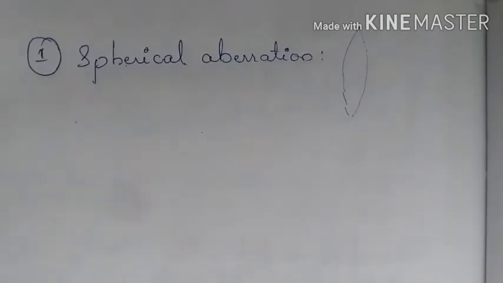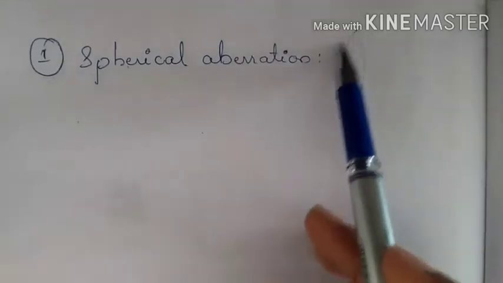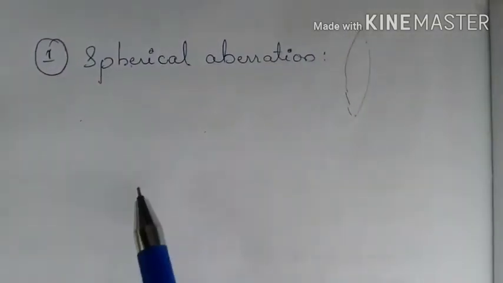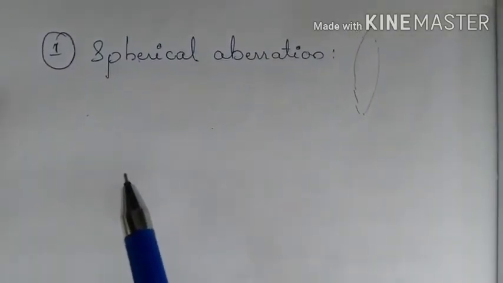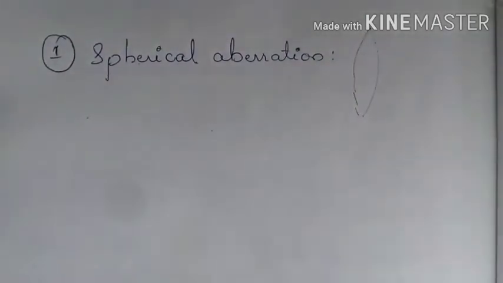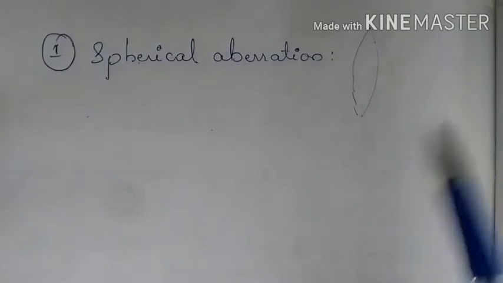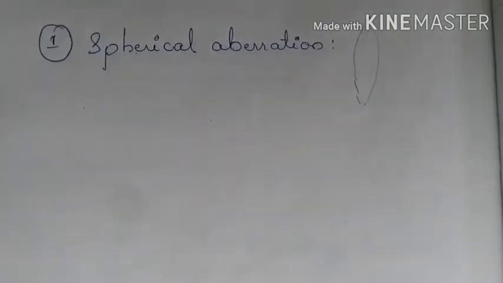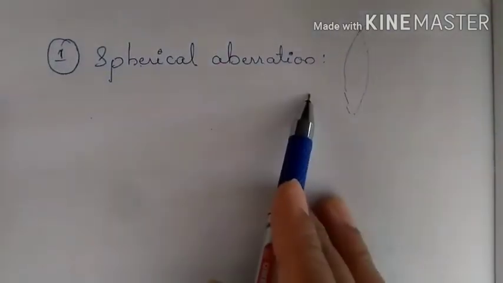If you take a single lens, then the focal length of all the points which are there in the lens should be the same. Now in the spherical aberration, the focal length for different points or different portions is different. So that gives the spherical aberration.